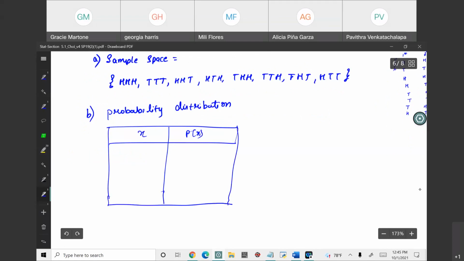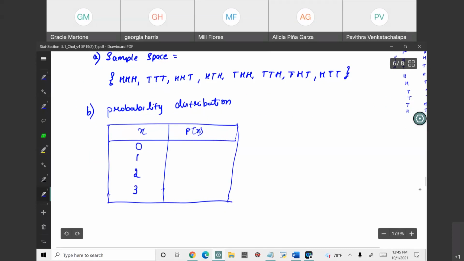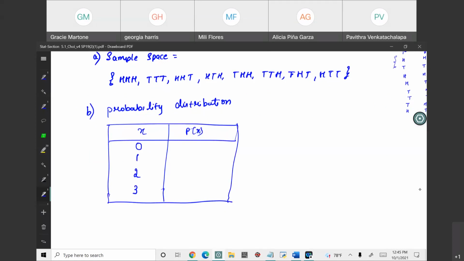Number of heads. The number of heads can be 0, which means there is no head at all. It could be 1, 2, or 3. I'm stopping at 3 because there are only 3 trials, so the maximum number is 3. It cannot go above that.